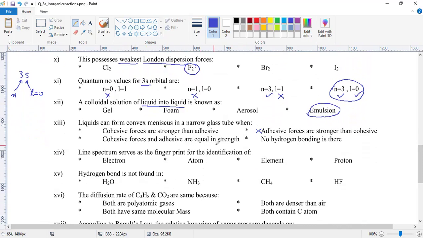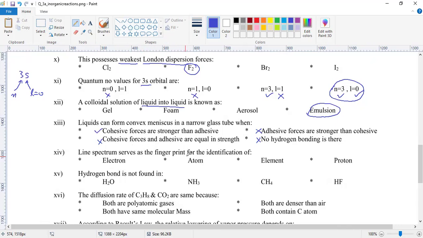Cohesive forces and adhesive forces are equal in strength: then there would be no curve. Hydrogen bonding has no role. Cohesive forces can be any type of intermolecular forces, so they are not restricted to hydrogen bonding. So the only correct answer is the first one.